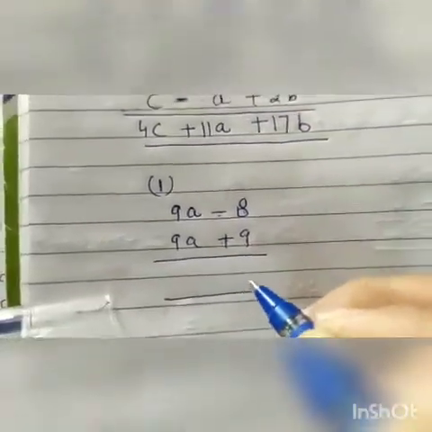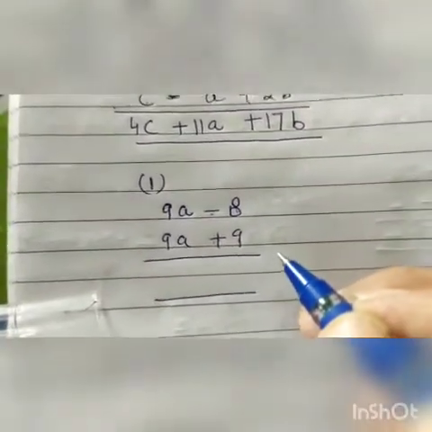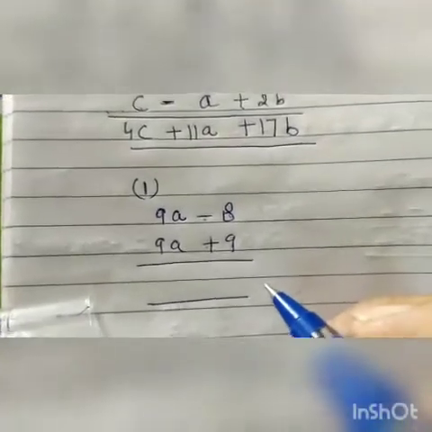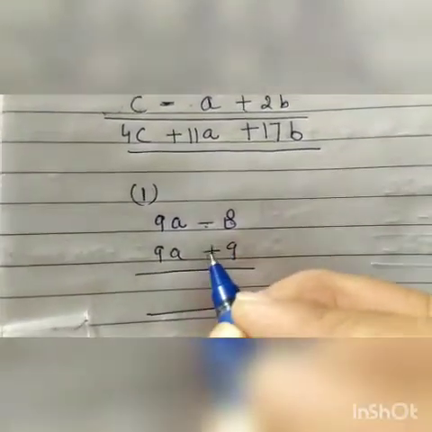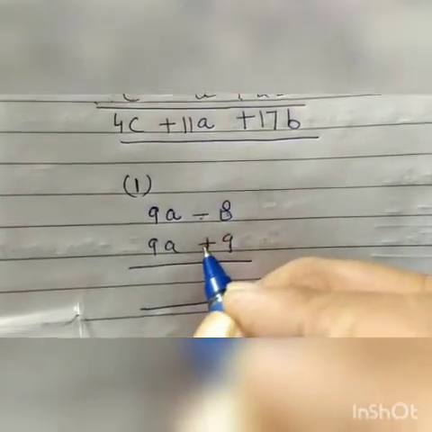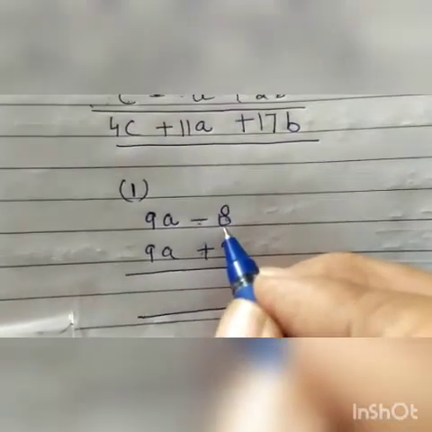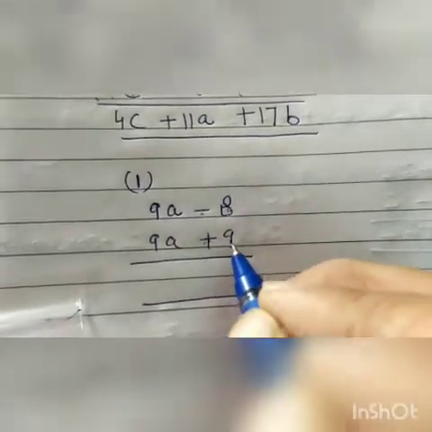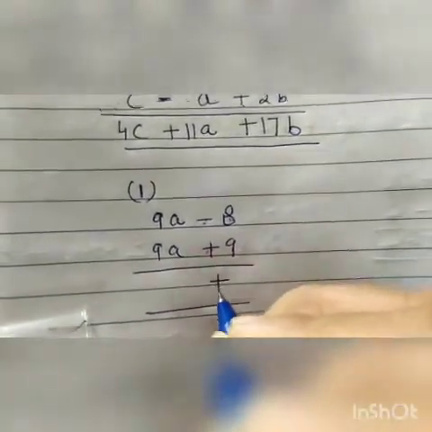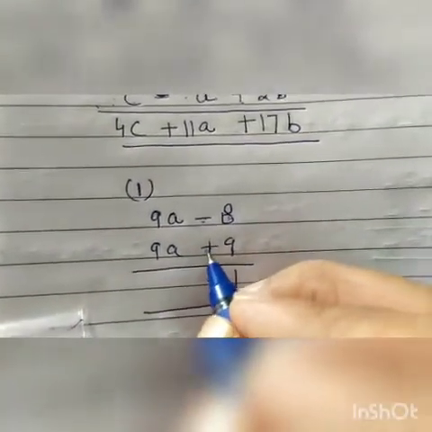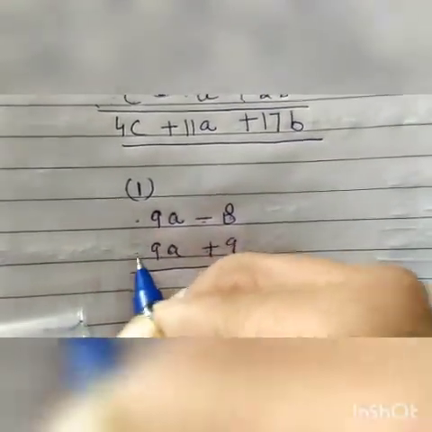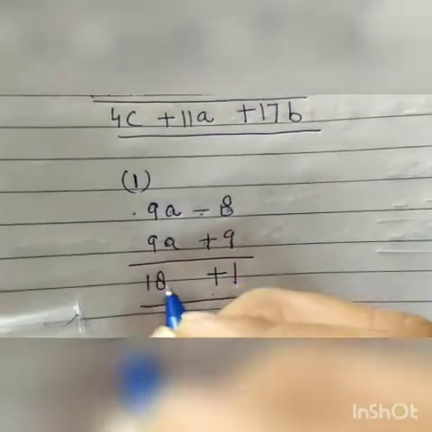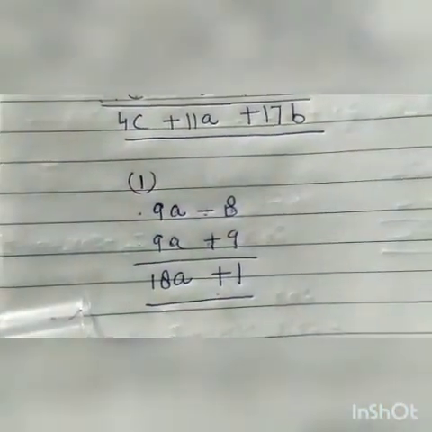Even though we have to add, in the question it is written add the following algebraic expressions, we follow our algebraic rules. When two numbers are with different sign, we subtract the smaller one from the larger one. We will subtract this 8 from 9. It will be plus 1 because before the larger number it is plus sign. Now it is plus 9a plus 9a. Both are plus plus. So we will add the numbers, 9 plus 9, 18a.